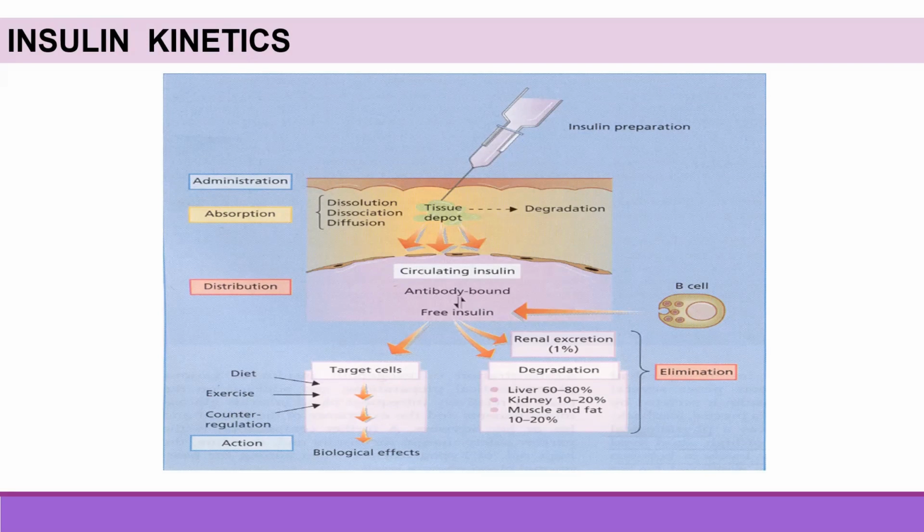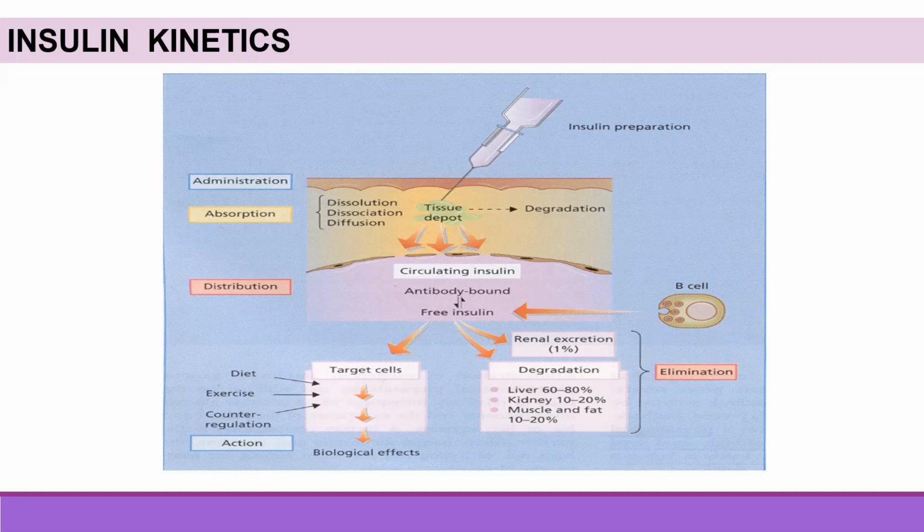Now, where is the insulin degraded? Most of the insulin is degraded at the level of the liver, and the second most important organ is the kidney. So we have to understand that if a patient has chronic liver disease, the insulin degradation is low, and therefore a patient who has chronic liver disease becomes very sensitive to insulin therapy and may develop frequent episodes of hypoglycemia with the same amount of insulin.